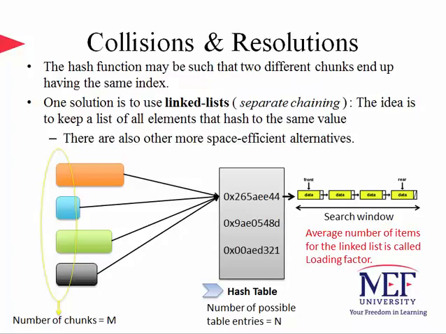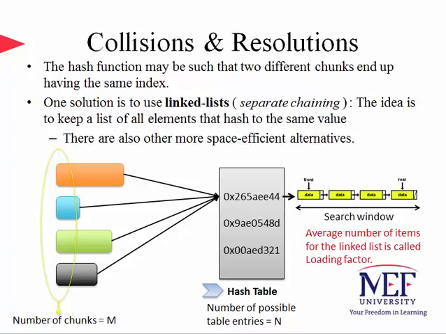Note that the average search window here is given by the average load factor. Insertion and deletion are quite easy with this method, as all it takes is to put the data at the appropriate position in the linked list and change the pointers. The downside of separate chaining is the extra space consumption to hold the linked lists.